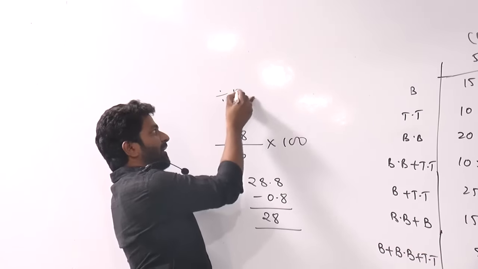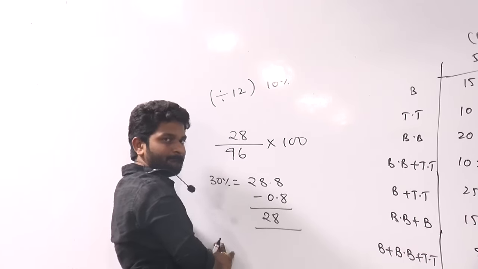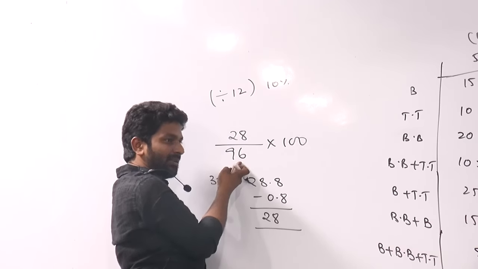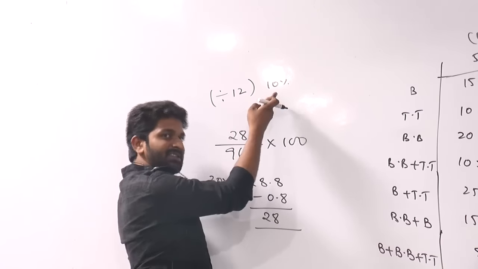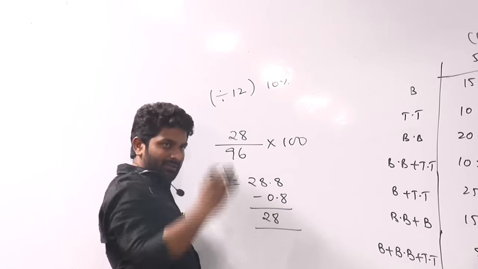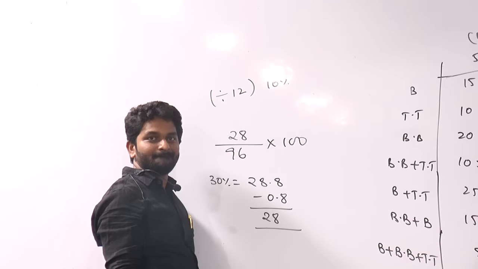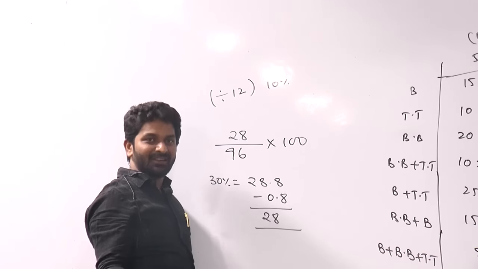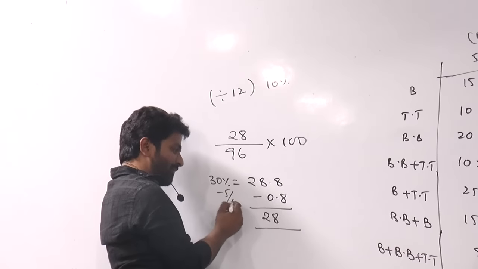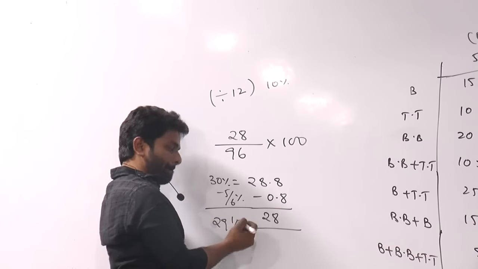So first divide it by 12 and then you need to take 10%. 100 divided by 12, because in terms of percentage this is 100%. 100% and 10% of it is 10%. 1/12 of 10%. 10 by 12. 5 by 6. So you need to subtract 5 by 6 from this number. Answer is 29, 1 by 6.